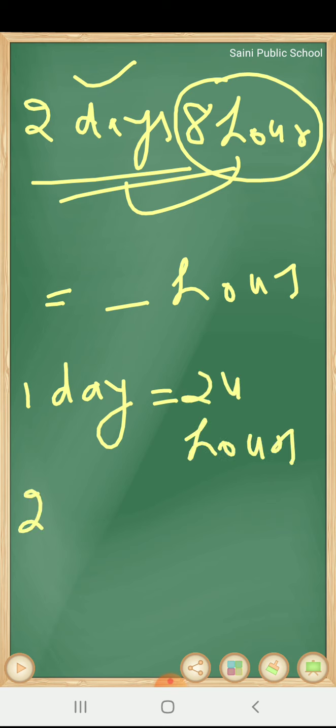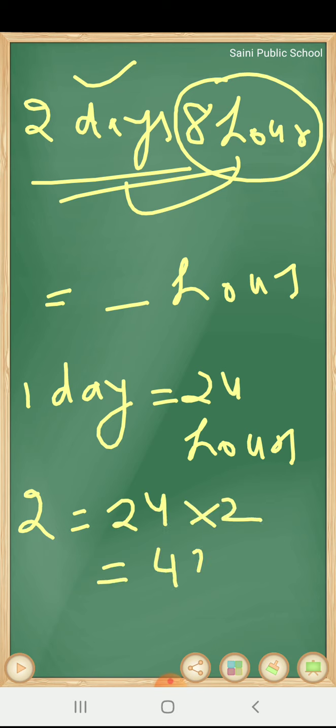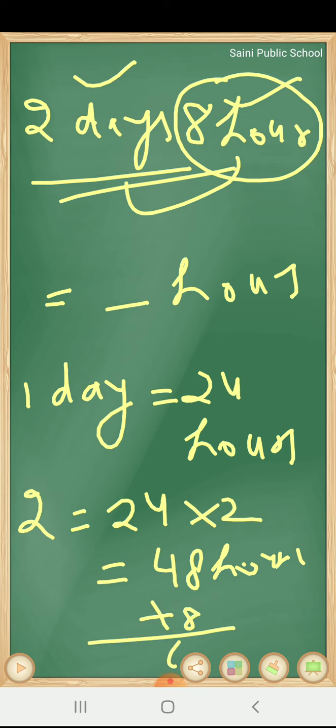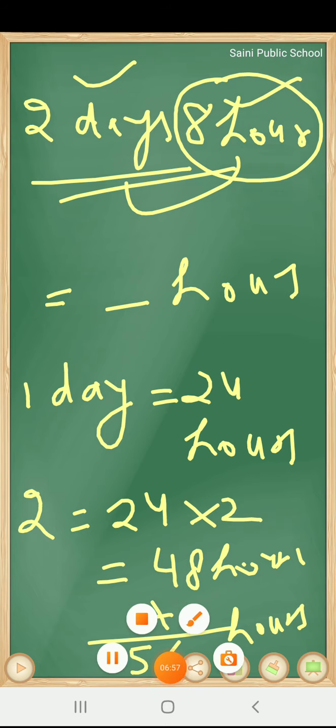So 2 days is equal to 24 into 2, 48 hours. But 8 hours are already given, so we add this 8. 8 plus 8 is 16, and 4 plus 1 is 5. So 56 hours. In this way we can convert days and hours into hours.